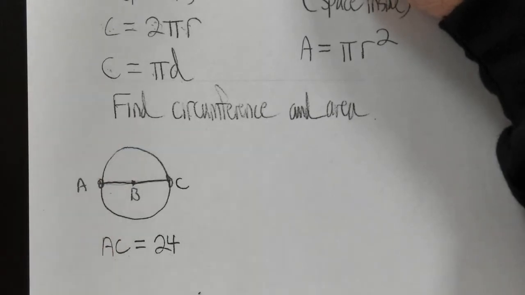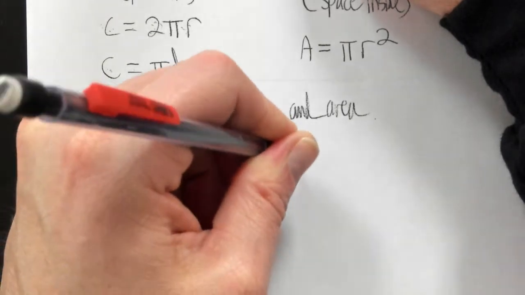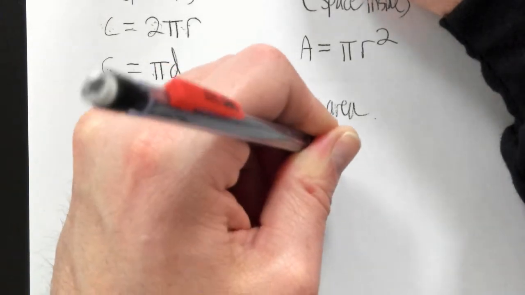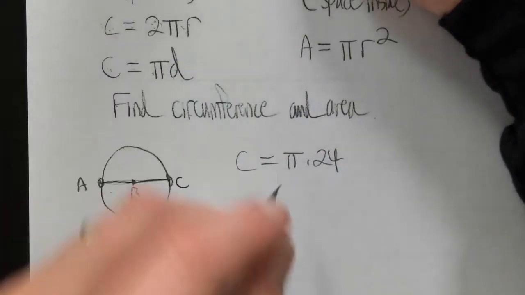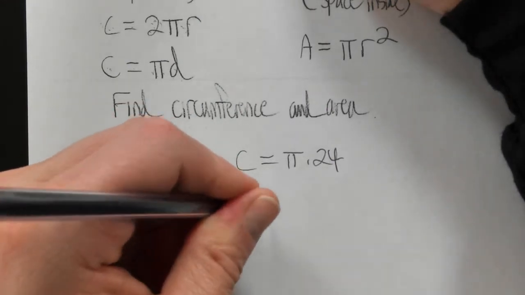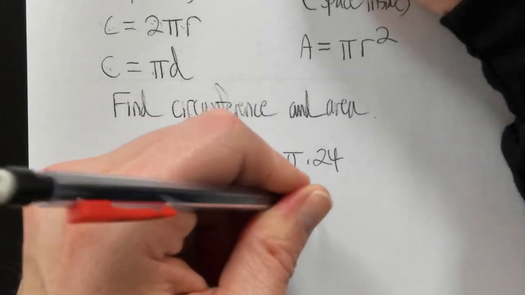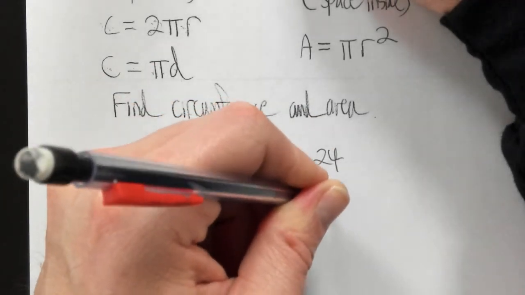So I'm going to use the second circumference formula. It'll look like this: C equals pi times 24. My diameter is 24, and so the proper way to write the answer would be 24 pi.